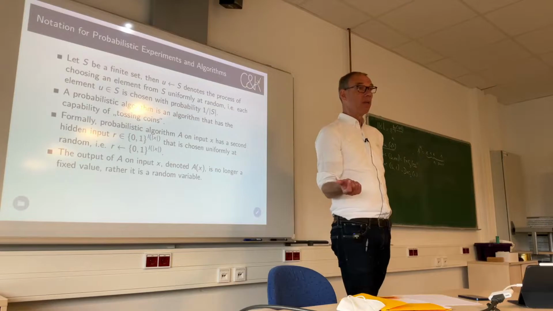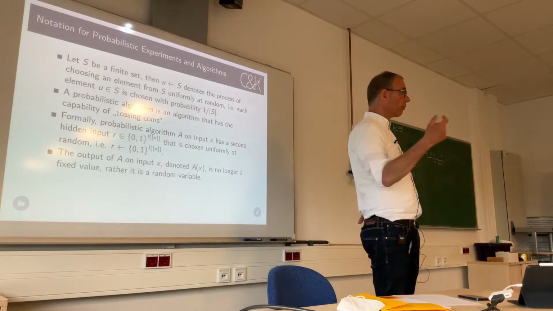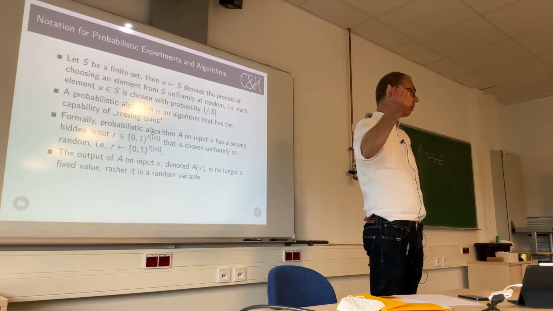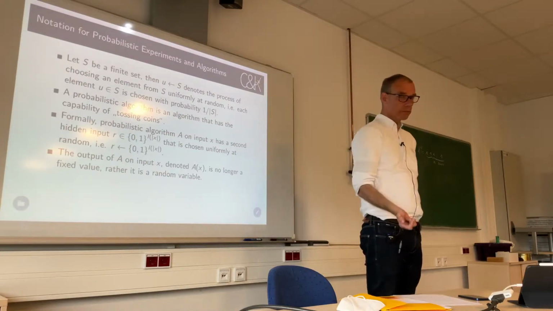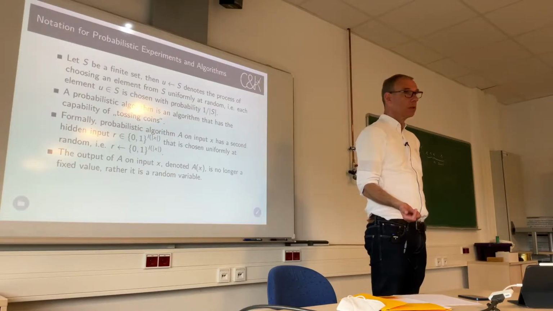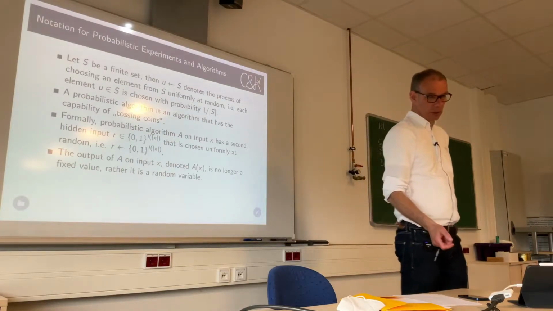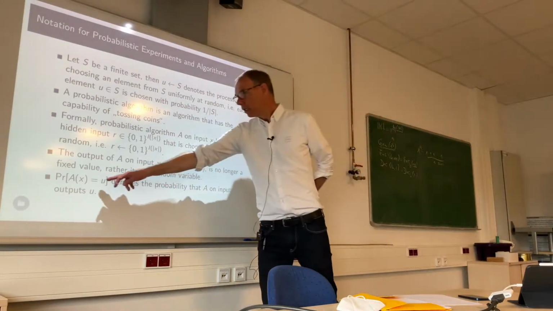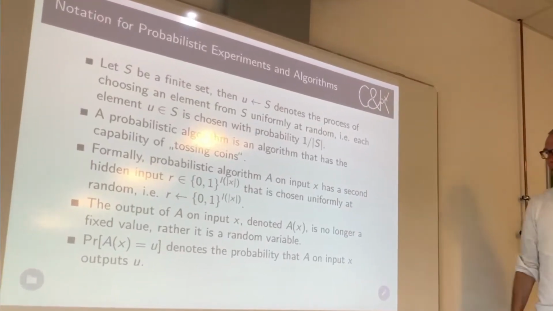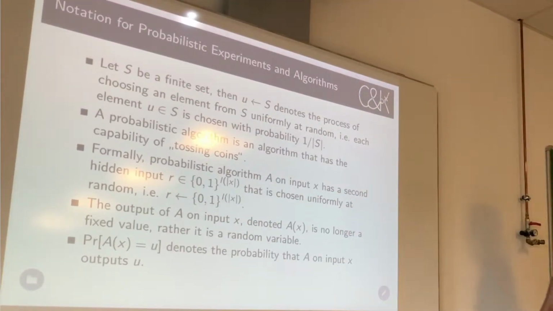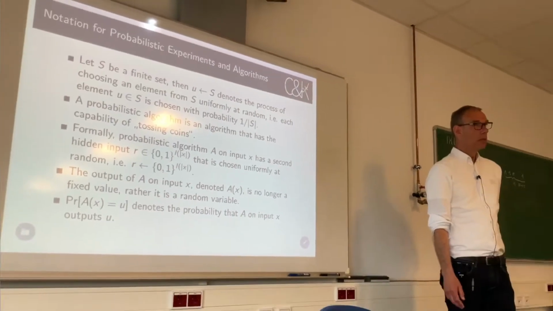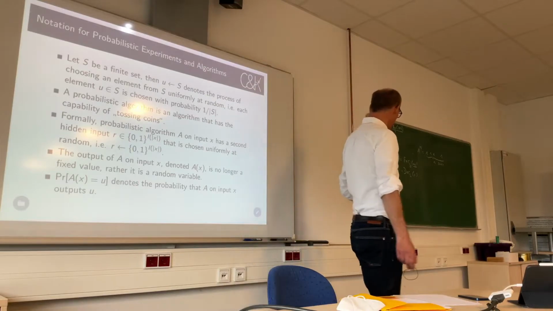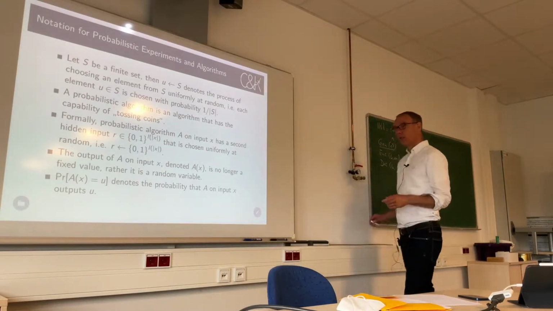Instead, it's a so-called random variable, a random variable that takes on certain values with certain probability. And we denote that by this notation here. Probability of A(x) = u denotes the probability that A on input x outputs u.